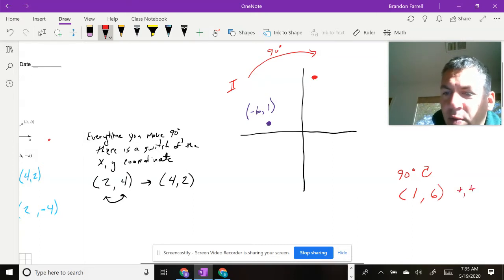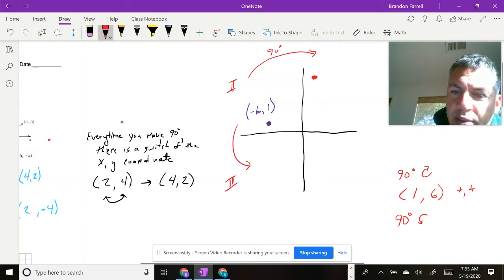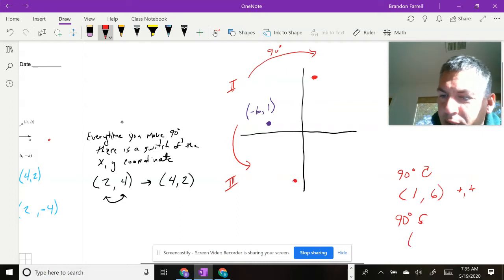Okay, if I wanted to move this 90 degrees counterclockwise, that means we're going to go from the second quadrant to the third quadrant, and we're going to move that point to here, and that point's going to be 1, 6 as the values, but now we're going to do -1 and -6 because we're in a negative situation.